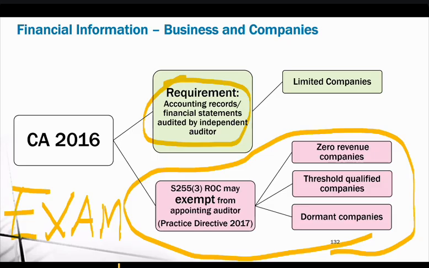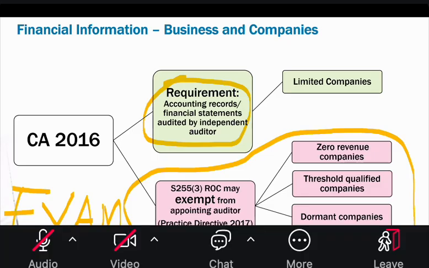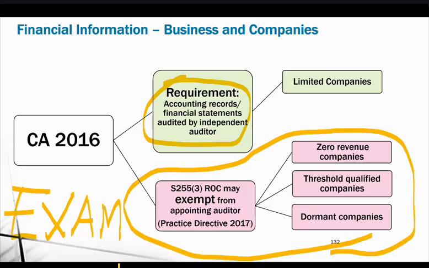Okay, Janice. Threshold qualified. They won't test you the definition in the exam, but for your knowledge, it means asset value is 300,000 ringgit and below, and the total number of full-time employees is 5 and below.